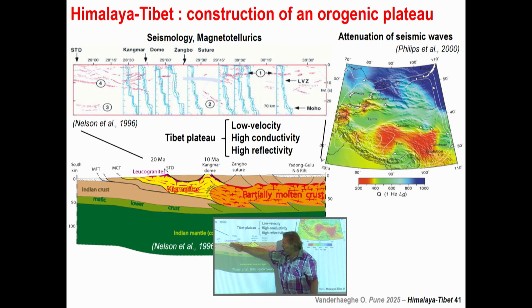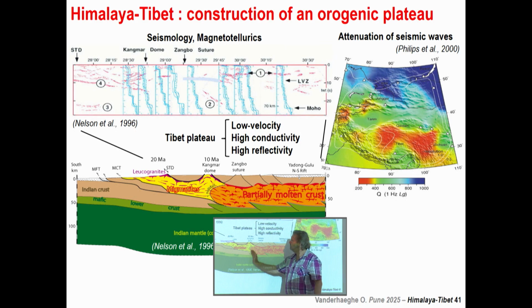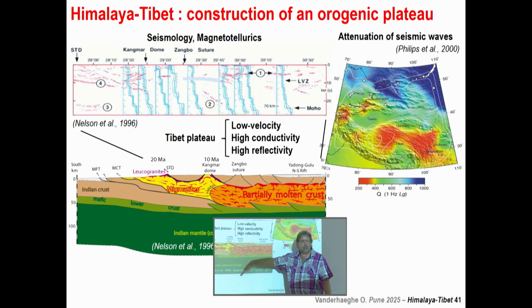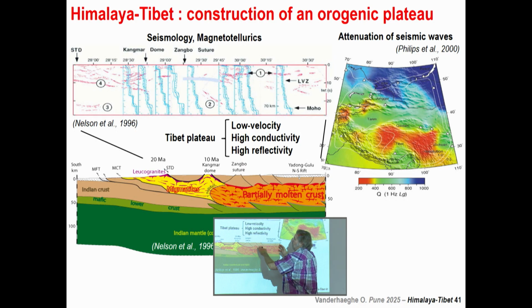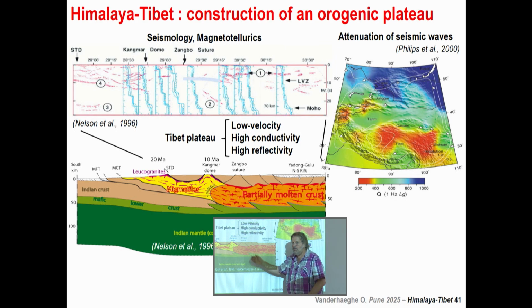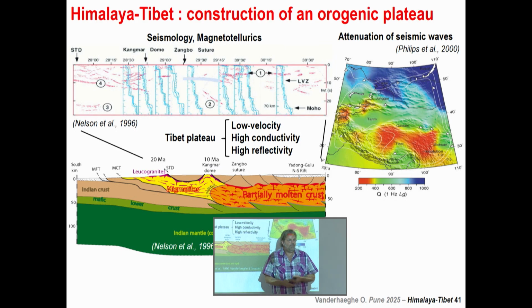So material that has been buried, forming high pressure nappes, and then flows laterally on each side. Maybe we can invoke a southward subduction. Maybe we can invoke part of the Indian crust, or sorry, the Eurasian crust that has been shortened, but that's not consistent with the lack of deformation on top. It looks like it's been thickened from underneath the carpet, and the carpet has just been uplifted.